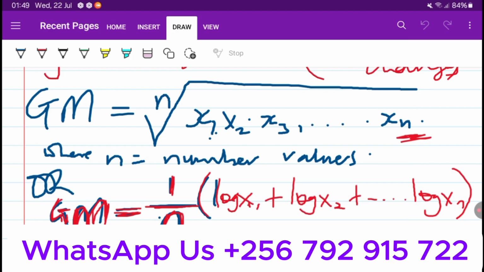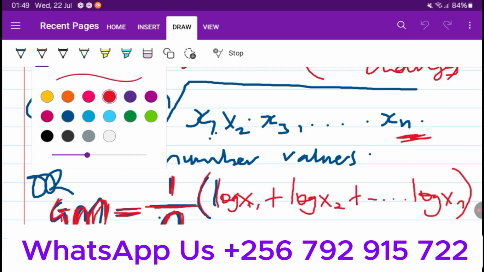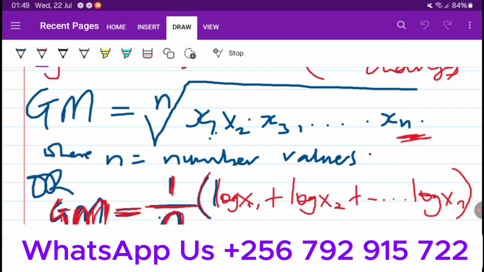Of course, this will be the log. This one indicates the log of the geometric mean, because we said it is the antilog.